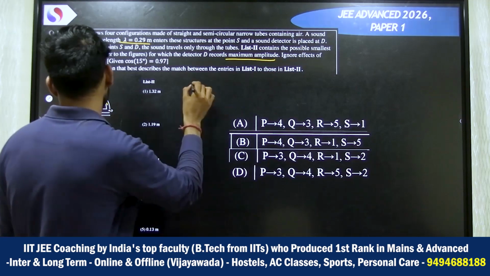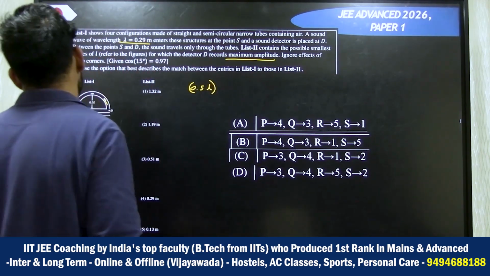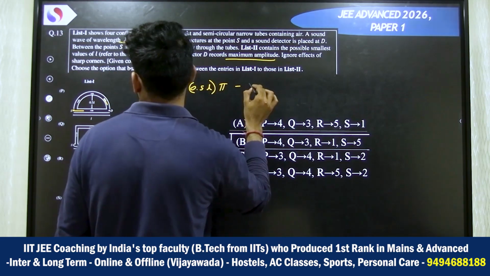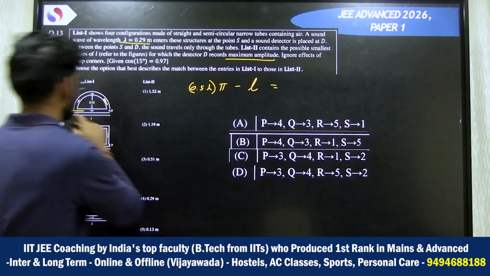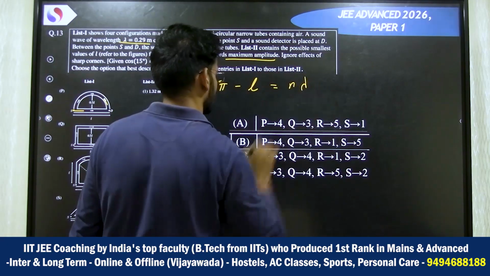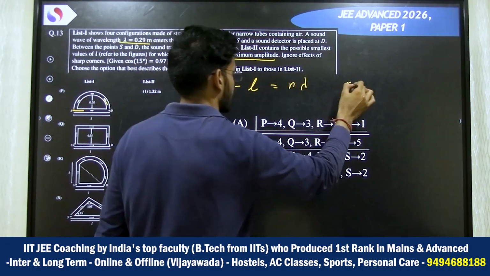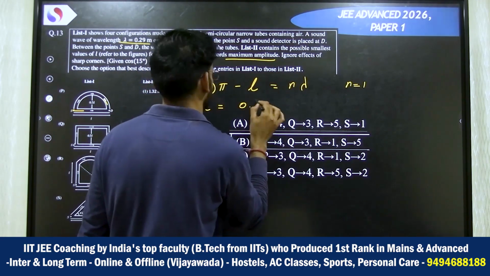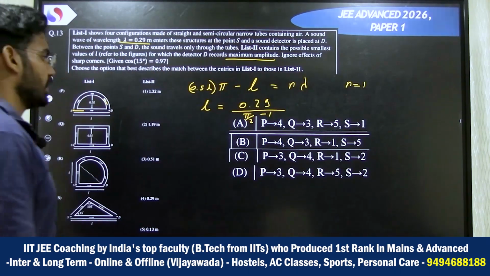The path difference is pi R minus L, where this is L and this is pi R, equal to N lambda. For the minimum L, the minimum N should be 1. So N equal to 1, and L will be lambda, that is 0.29, divided by pi by 2 minus 1.